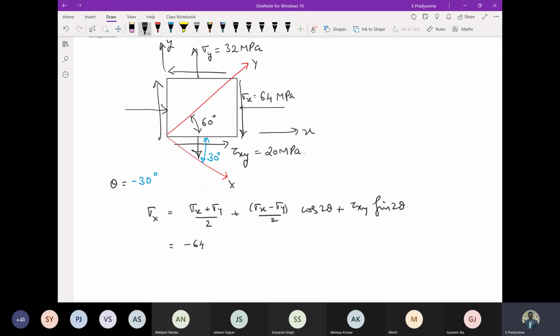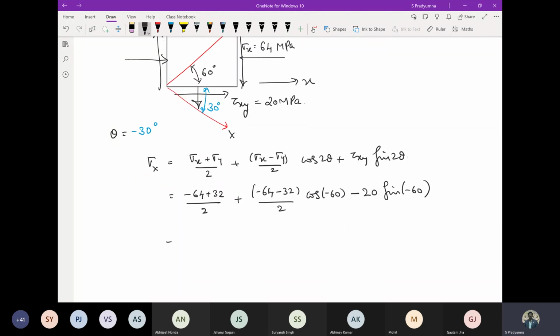I get minus 64 plus 32 by 2 plus minus 64 into cos minus 60 minus 20, tau xy is minus 20 sine minus 60. This is equal to minus 22.7 megapascal.